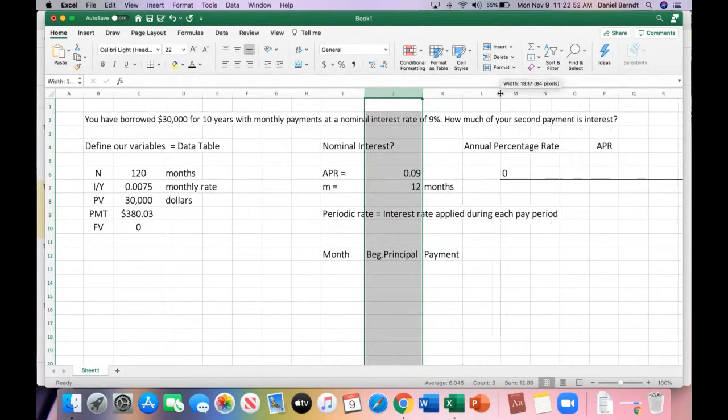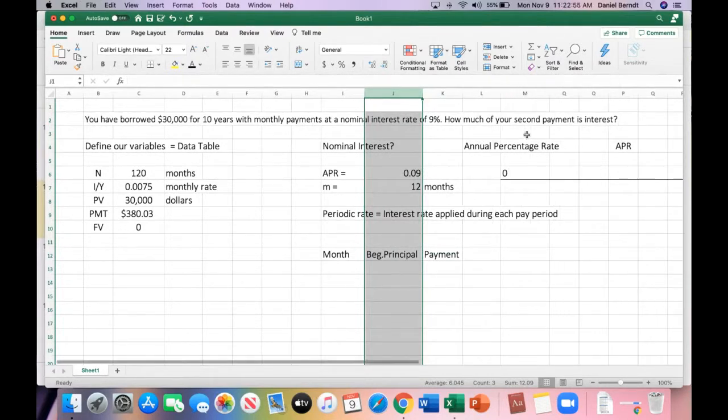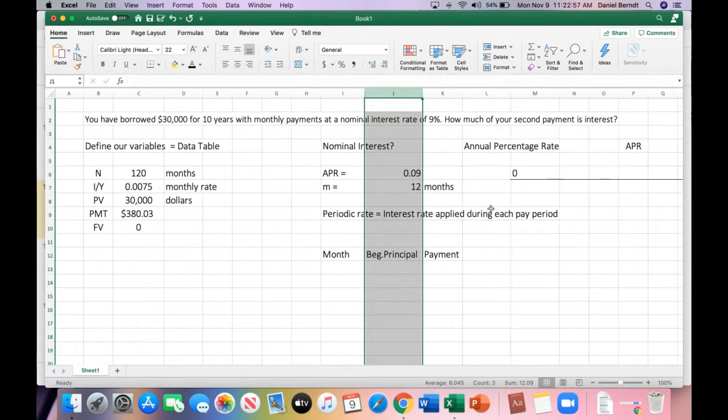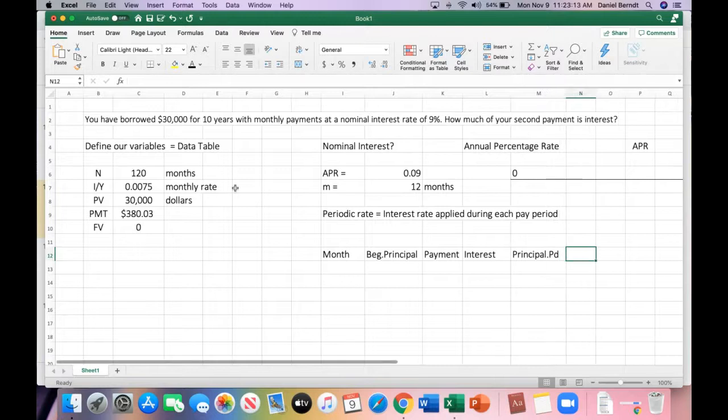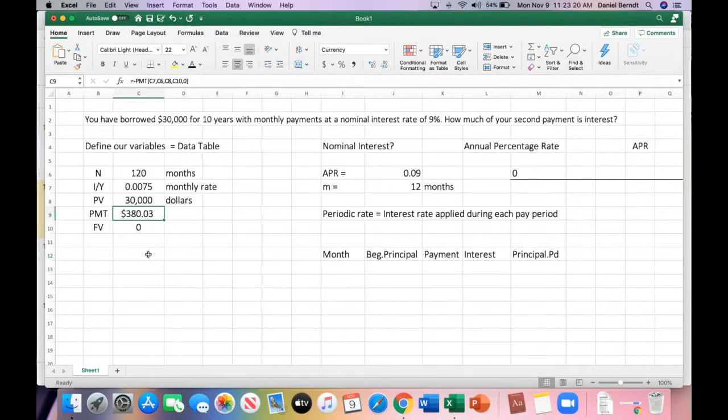We know that every payment is going to be the same. However, we need to know how much of that payment is interest, and how much was principal that was paid. When we have an amortization schedule, your lender used the time value of money function to figure out what that equal payment needs to be to pay off all principal and all interest throughout the life of that loan.